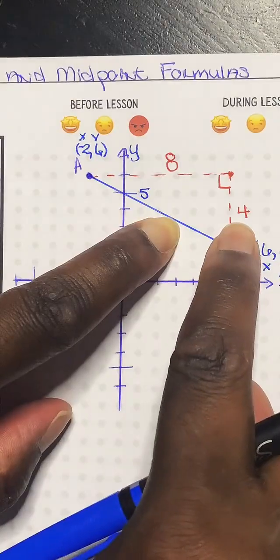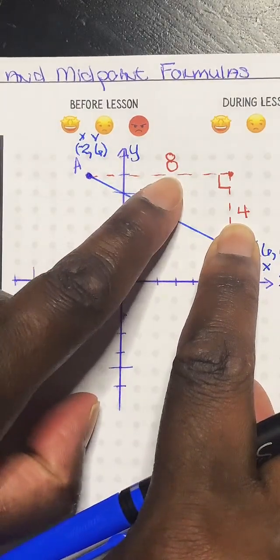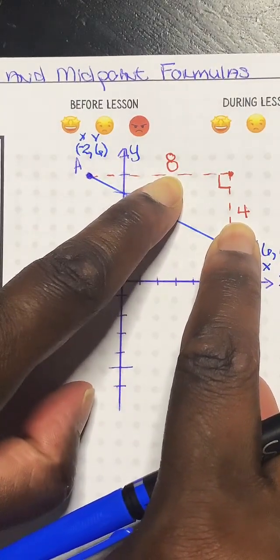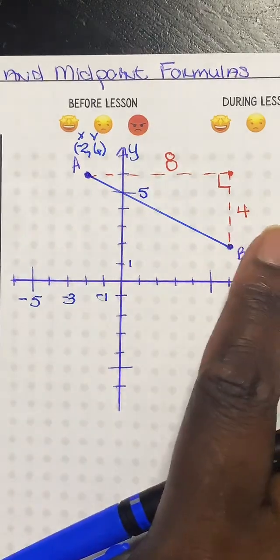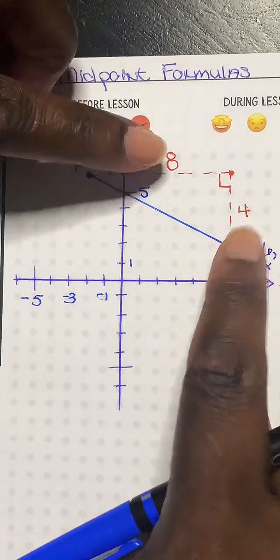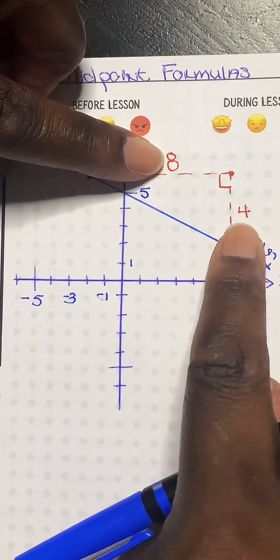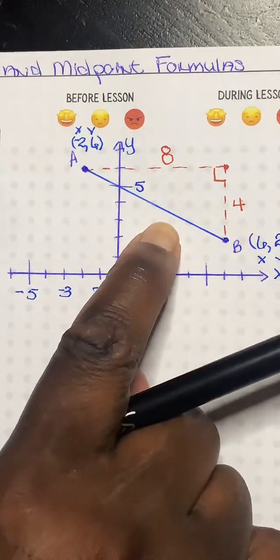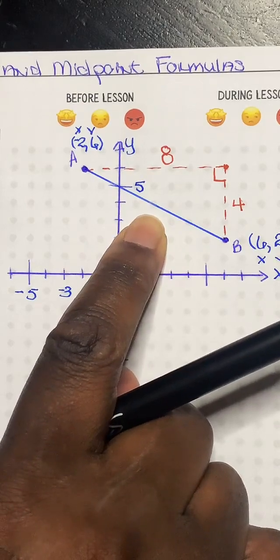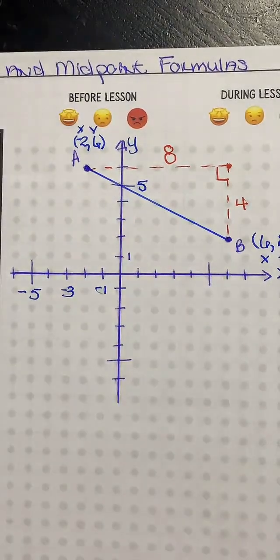That means this side length of 4 and this side length of 8, they're my two legs. Now, the best thing about the Pythagorean theorem is that it doesn't matter which one's your a and your b because they're interchangeable. But the hypotenuse has to be your longest side. And that's what we're looking for.